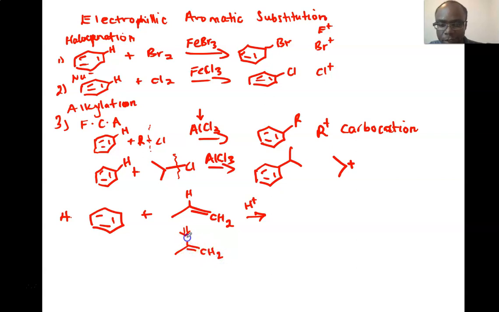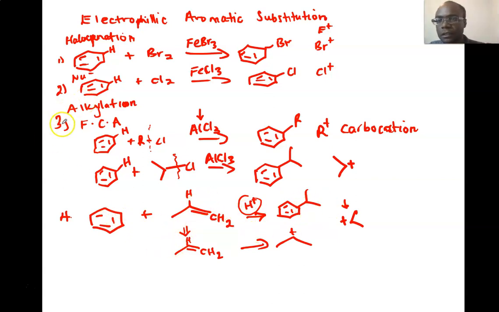So here you have 1 hydrogen, here you have 2. This hydrogen should end up where there's 2, and then the plus sign will end up on the other side. So again, my carbocation for this specific example is the same isopropyl. So my product will be the ring with this group attached on it. This is acid catalyzed alkylation of the benzene aromatic ring using alkenes in the presence of the acid, of course.